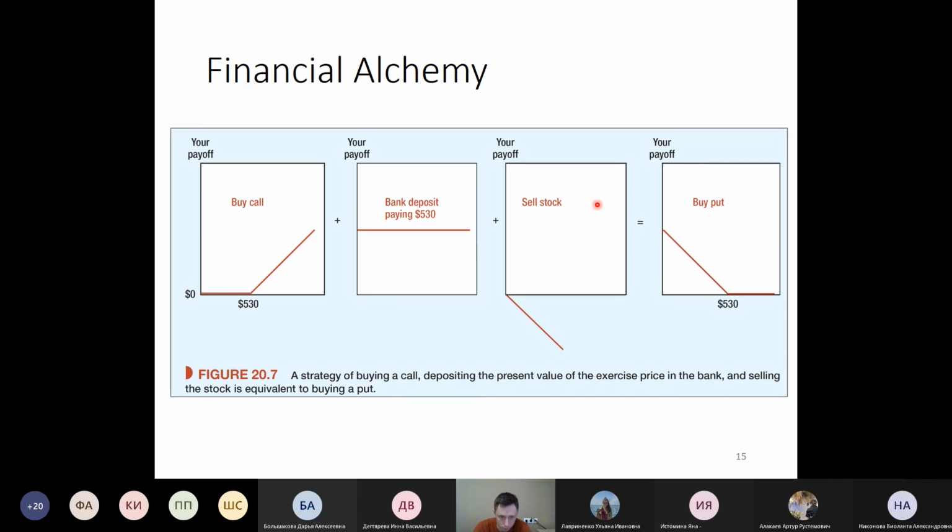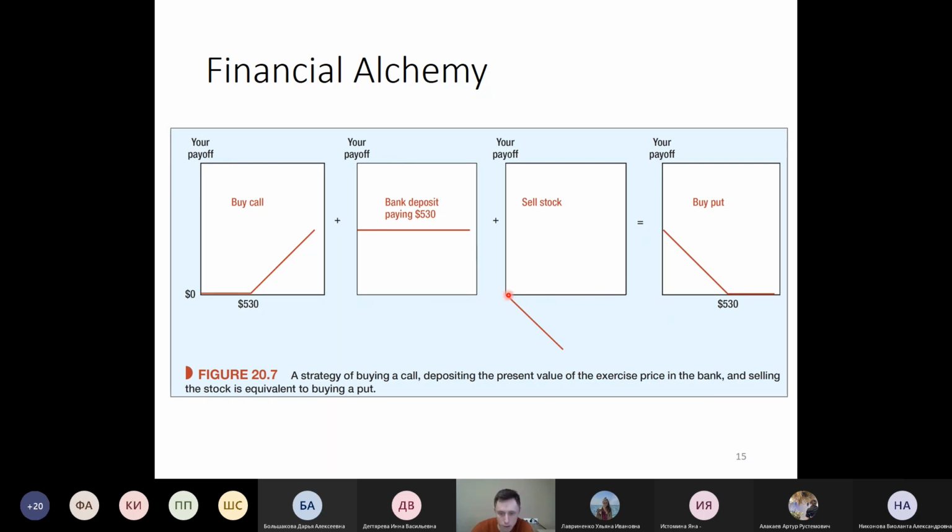Like in this case, if we buy the call option, have some money in the deposit in order to exercise this call option, and we also go short on the stock, then your combined payoff would be the same as the one you received by buying the put option. And indeed, you can see that it will work.